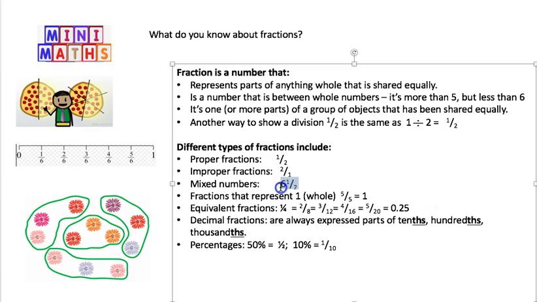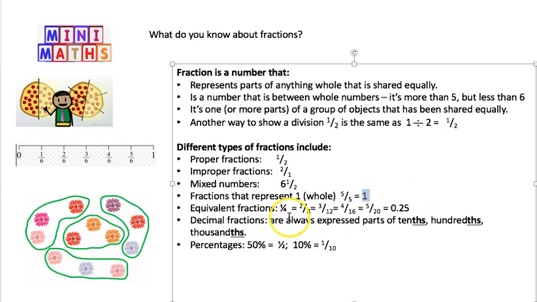You can have fractions that are mixed numbers, which means they have a whole number and half or a third or a quarter or a 15th, it doesn't matter, but you've got a whole number with a fraction. I particularly like these. They're a bit of a personal favourite because as soon as you get 5/5 or 7/7 or 10/10 or 15/15, you will always have one.